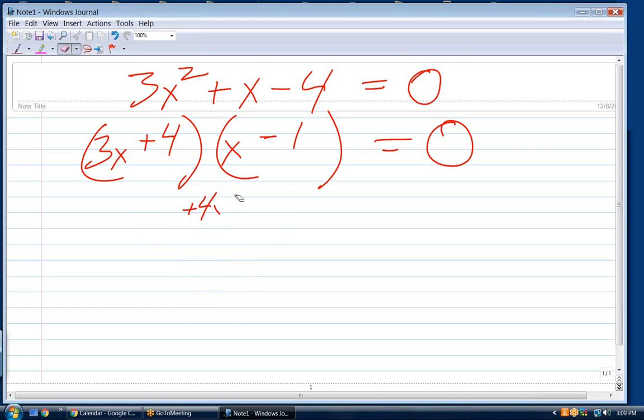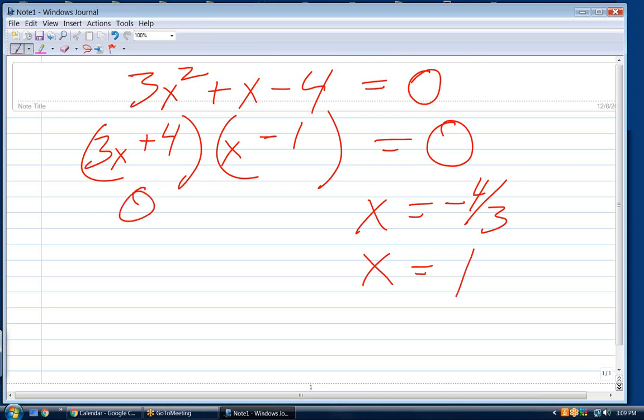What's the solution? What are the zeros? Minus 4 and plus 1. Or minus 4 and 1. It's actually no. 4 over 3. Yeah, 4 over 3. In other words, we set this equal to 0 or that equal to 0, and we solve each of those equations.